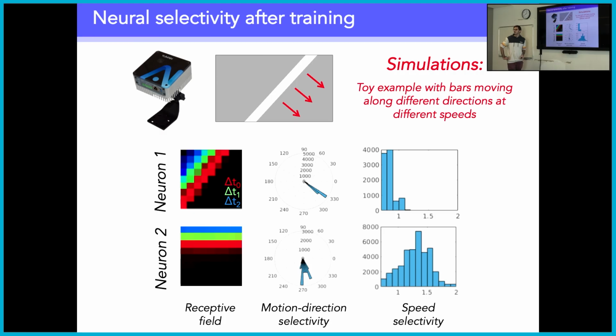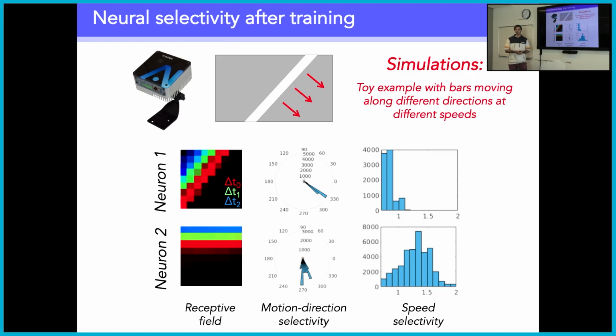What it means is that after unsupervised learning, this artificial neural network has neurons that are selective to different motion directions. Here you also have the velocity, speed selectivity of these neurons, and you can see that these selectivities change from one neuron to the other.